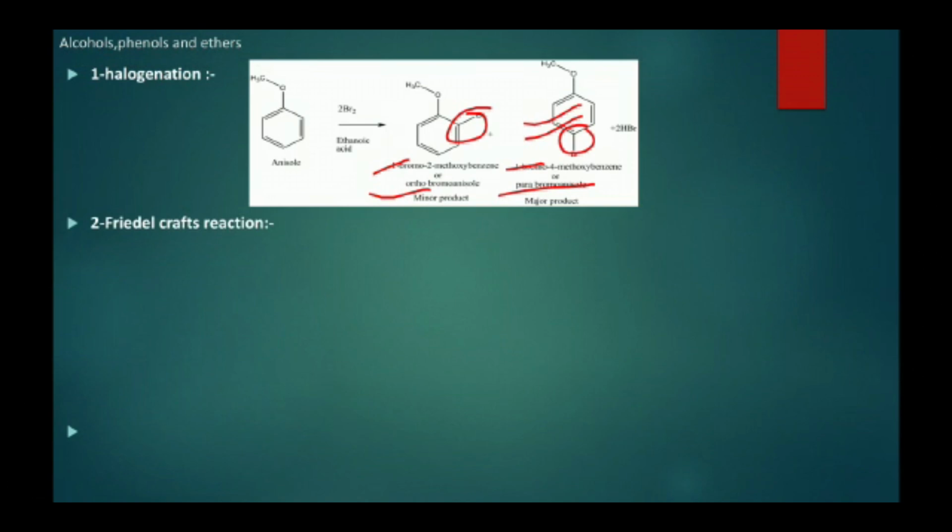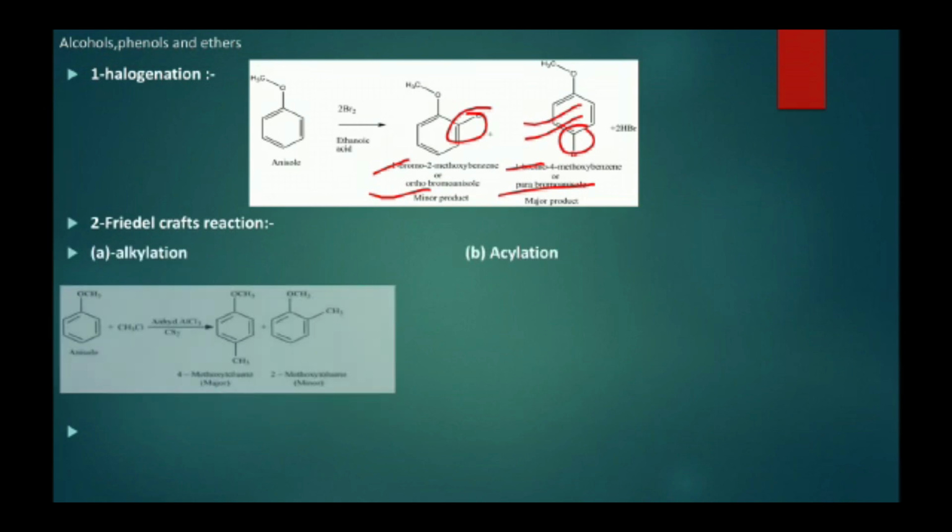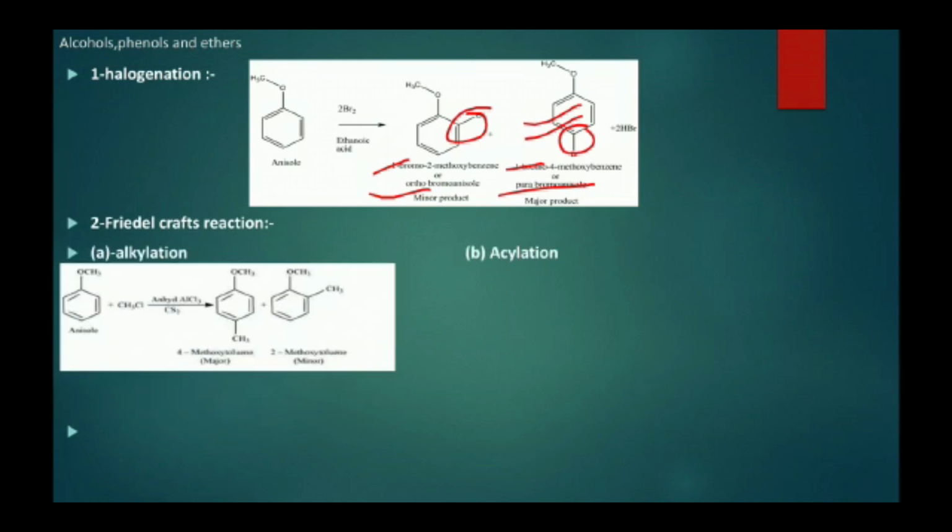Second, Friedel-Crafts reaction. Two types of reaction here, alkylation and acylation. First we discuss alkylation. In alkylation, anisole reacts with alkyl chloride in presence of anhydrous AlCl3, then it gives a mixture of ortho and para. See the reaction.